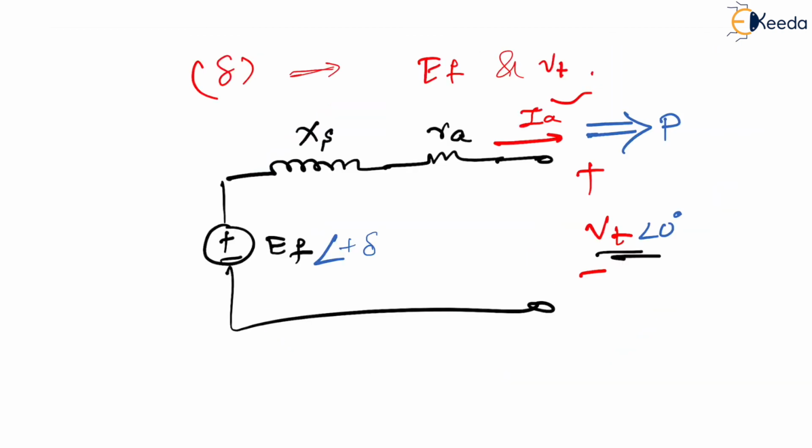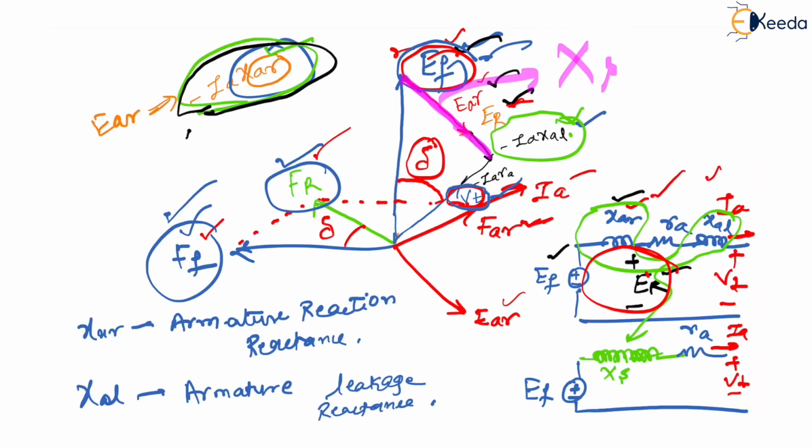This is going to be the phasor diagram for the same. Now, another thing. If for example, everything is same, delivering active power, Vt at an angle 0, everything is same. Just if I change this EF from EF at an angle plus delta to EF at an angle minus delta, then what happens? See, whenever we say that EF is at an angle minus delta, it means that EF is behind Vt, which means my resultant pole will be ahead of FF, correct?